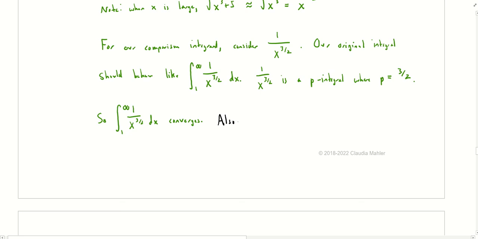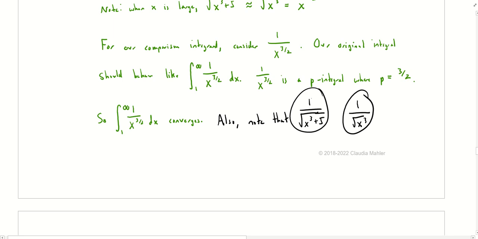So I'll say here also, note that if I just compare 1 over the square root of x cubed plus 5 to 1 over the square root of x cubed, what I'll notice is this thing is always going to be bigger than this. Or more specifically, I have this. Okay, so this denominator here is going to be bigger than this denominator here because we're adding 5 to it. And so this fraction here is always going to be smaller than this fraction here.